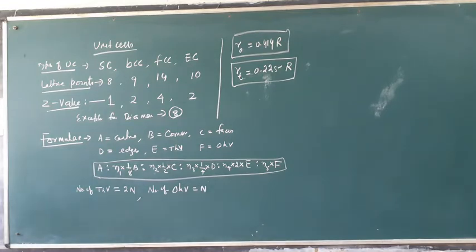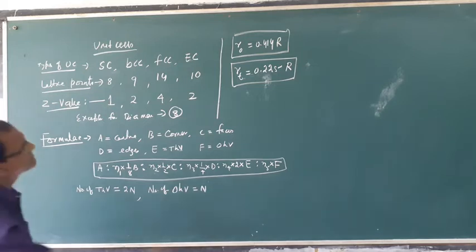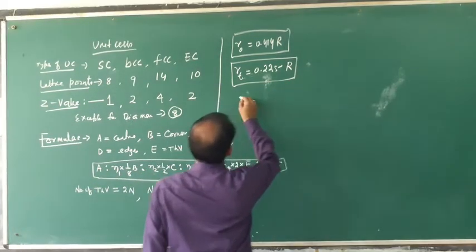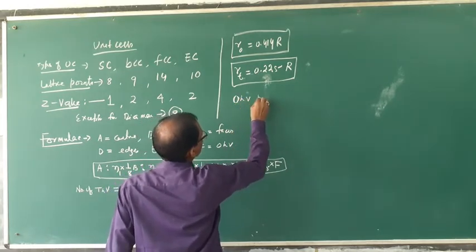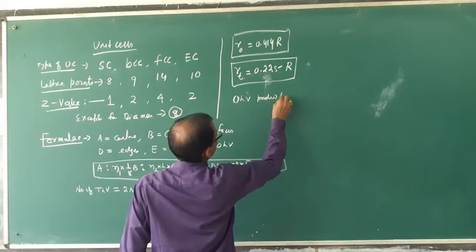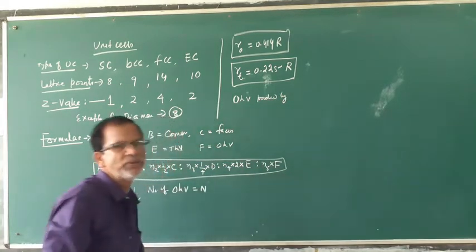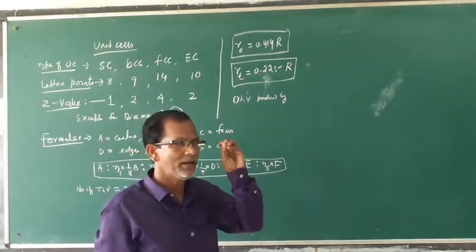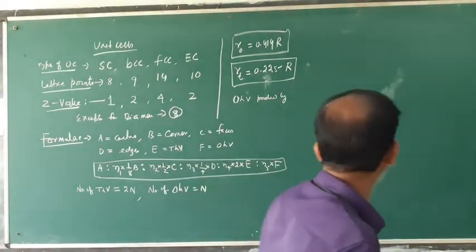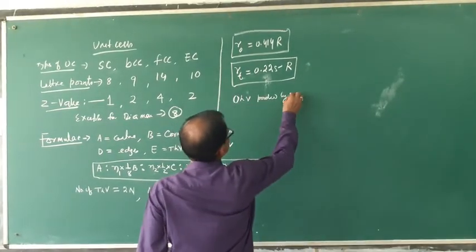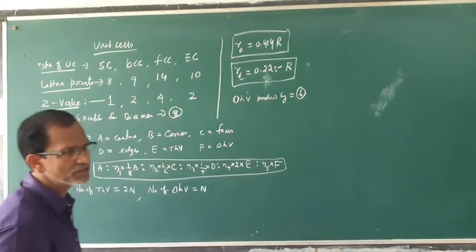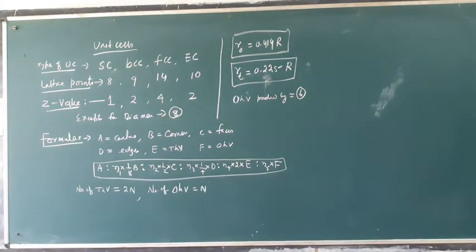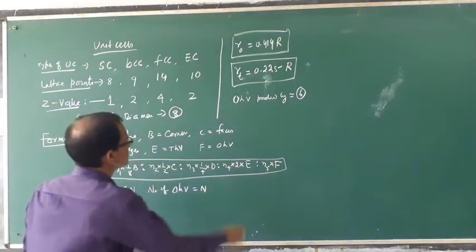Then a very important thing is: octahedral voids are produced by how many spheres? How many spheres are required for the formation of octahedral voids? That is 6. Minimum 6 spheres are required for the formation of octahedral voids.